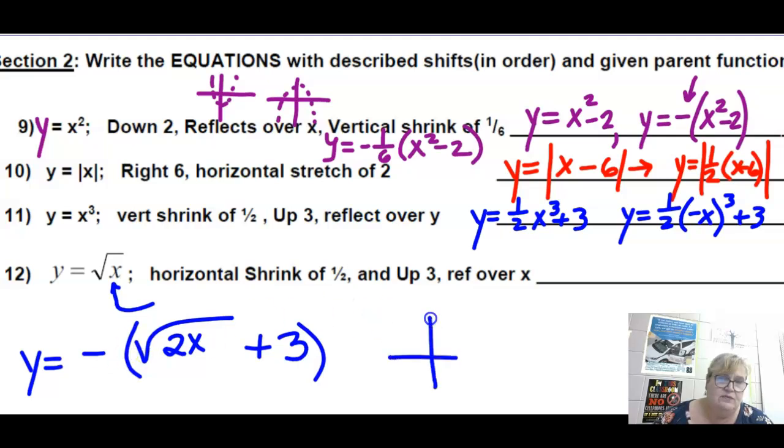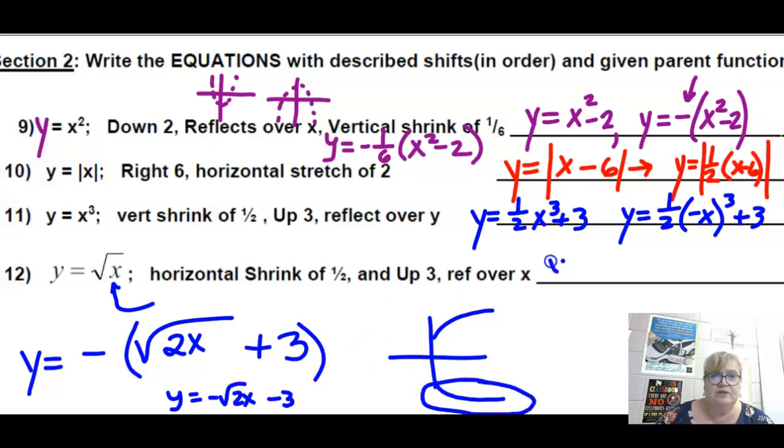But because we shifted this whole thing up 3 and then we reflected it, it's got to be down here, which is like an upside down. If you distributed this, we'd have a negative, which is why it's like it's upside down and then shifted down 3. Okay, that was a tricky one too.